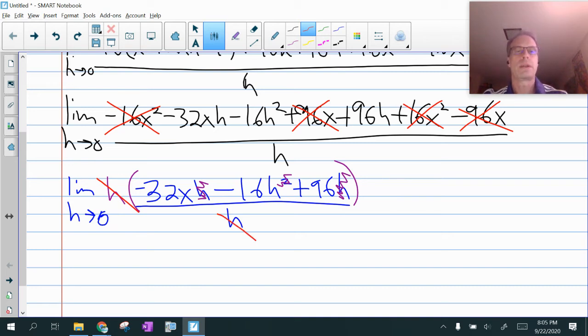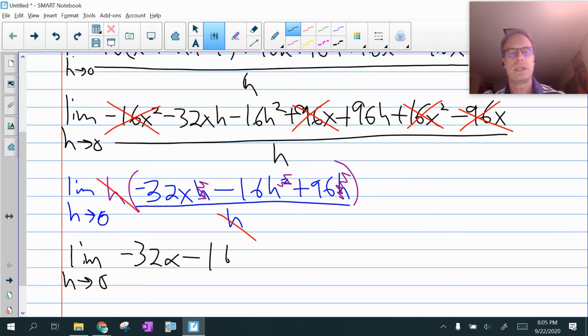So I'm now looking at an expression that's much simpler: the limit as h approaches 0 of negative 32x minus 16h minus 96. Sorry, that should be a plus 96 there.